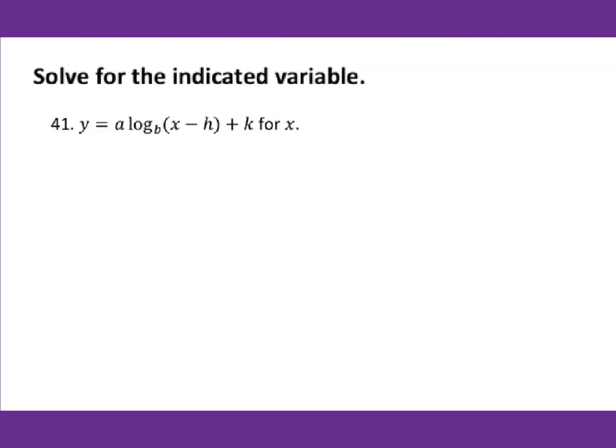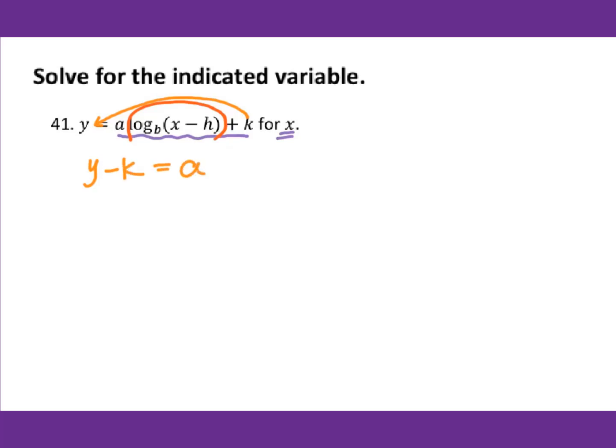Now let's go to 41. We're looking for x. This is a logarithm equation. So we need to isolate this log form on one side. We subtract k from both sides. That's the first step.